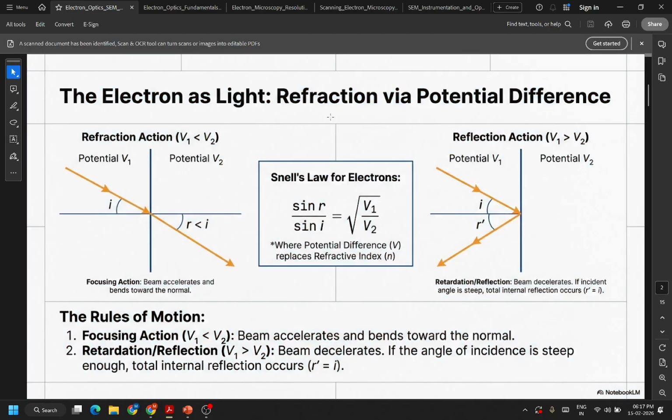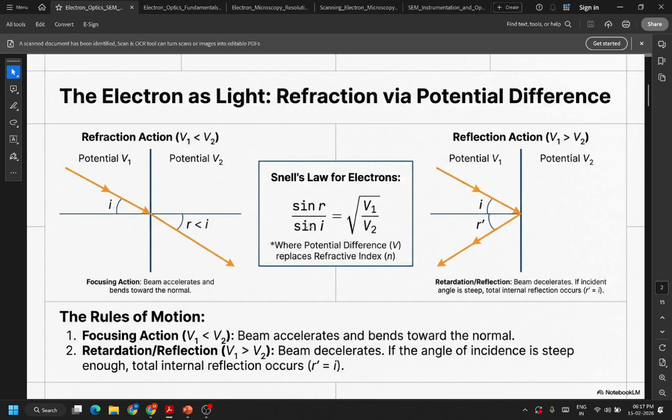The electron also follows Snell's law, but here the law for electrons is slightly different. Instead of refractive index, it uses potential difference.